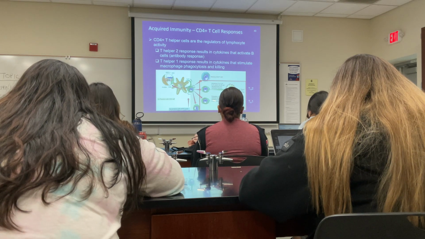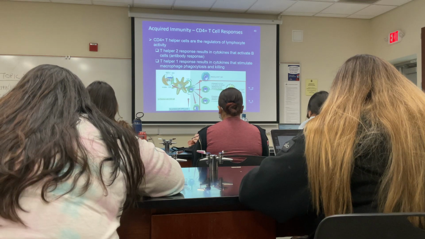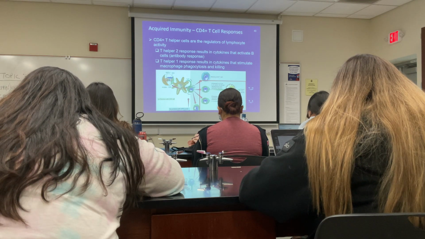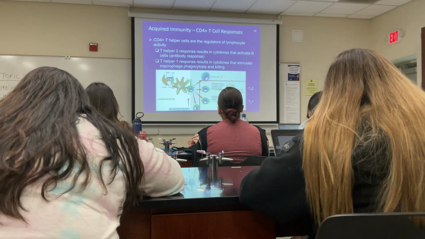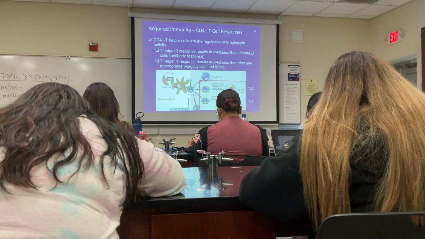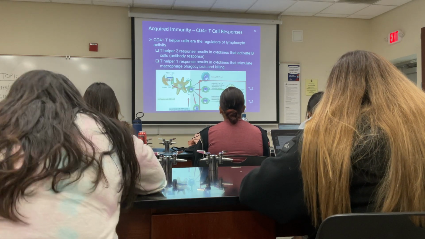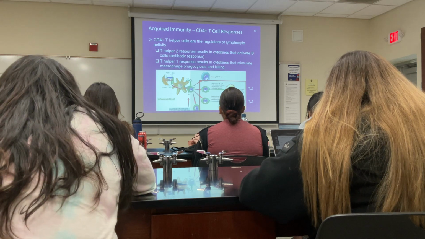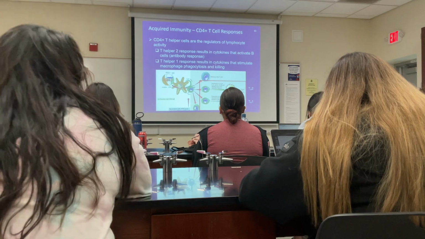So in a T helper 1 response, you'll produce TNF, interferon gamma, a few other cytokines that are going to be specific for intracellular killing. So that's going to stimulate macrophages to kill what's inside them and to actually go through more phagocytosis of other stuff also. And of course, this is the simplified version.